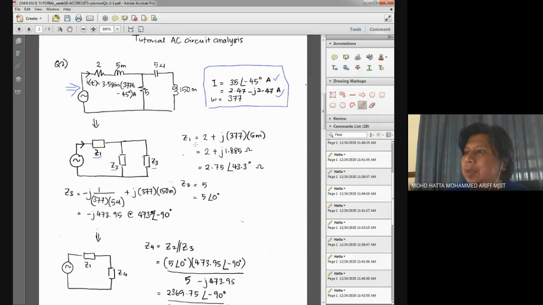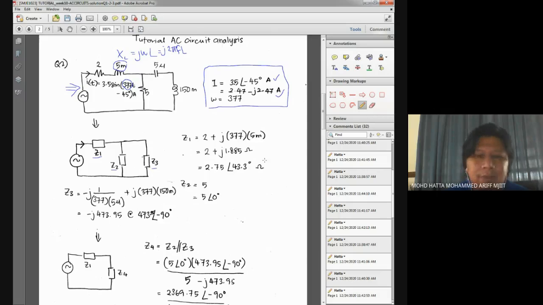And please remember that if you have this inductor, you will be calculating the value of XL, where XL is given by J omega L, or J 2 pi F times L. So you don't need to calculate the value of your frequency, because in the question omega is given as 377.